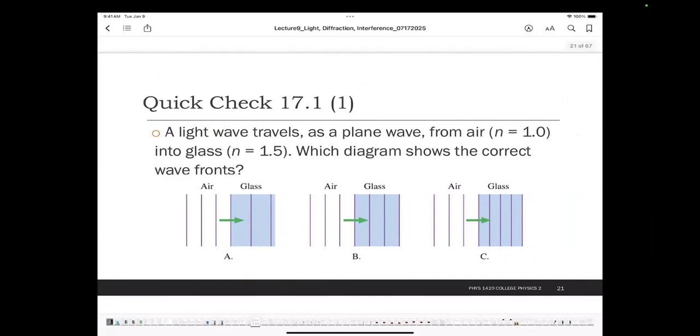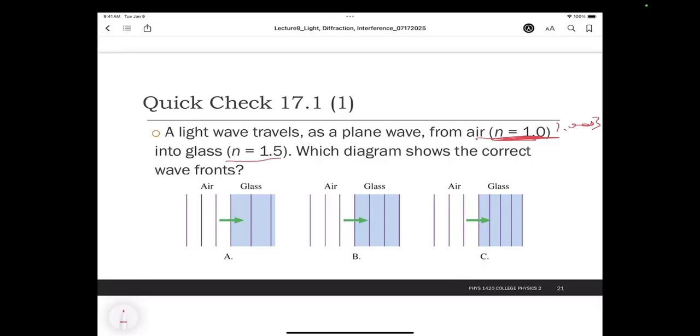The first one: a light wave travels as a plane wave from air, where n is approximately 1 (it is actually 1.0003), into glass, where n equals 1.5. Which diagram shows the correct wave fronts? We have already talked about that.